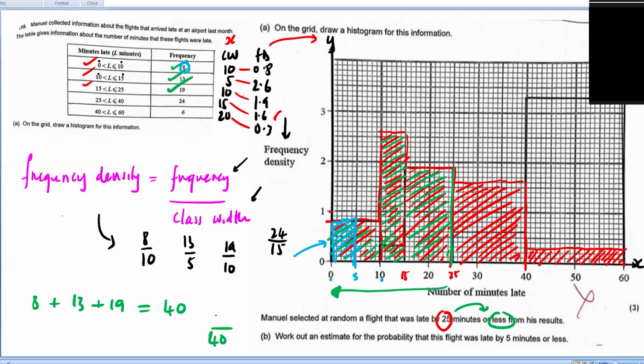Very good, it'll be 4. So what's 4 over 40? It just says work out an estimate for the probability, so you can do a percentage, decimal or fraction. I can simplify that to 1 over 10. So I can write 1 over 10, or 10%. Is that all right? Is that making sense? Awesome. Okay.